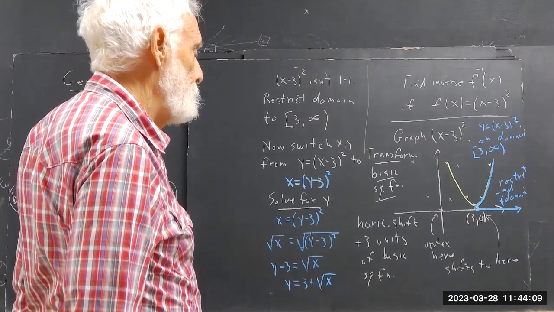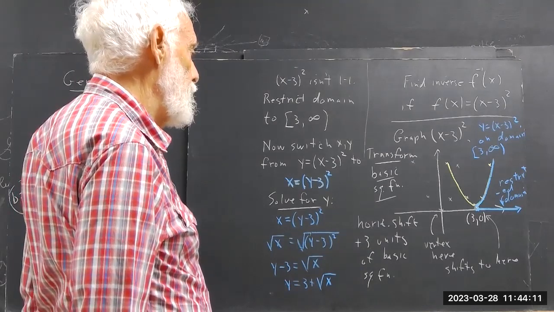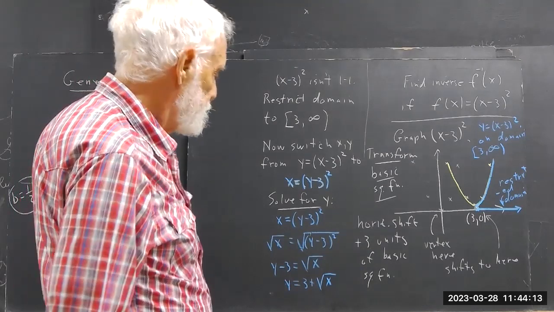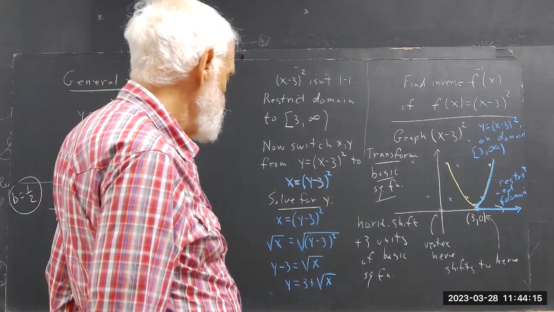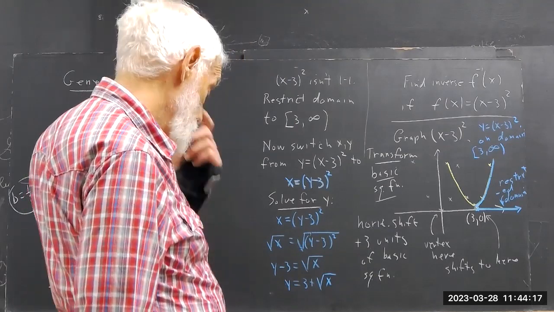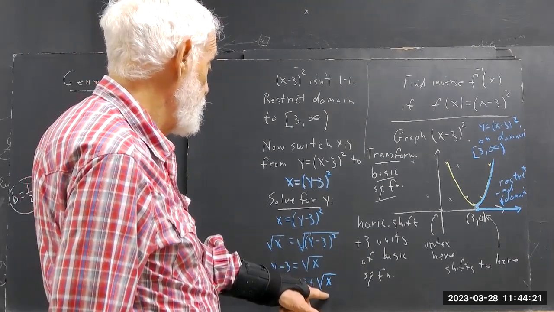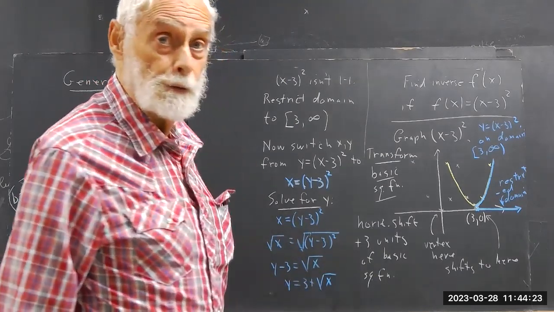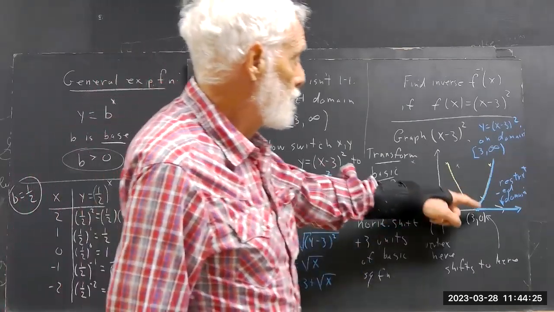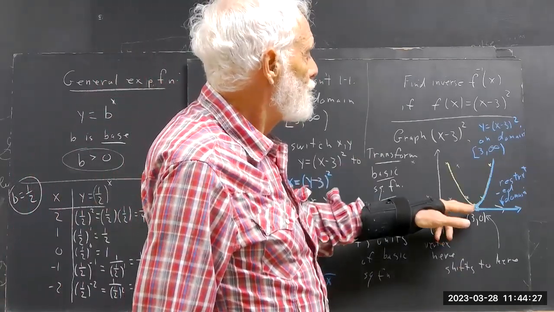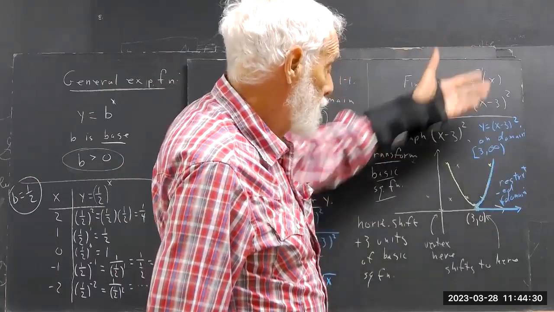Now the other thing is, x has to be greater than 0. We can see from the graph here that y on this graph is always greater than 0.